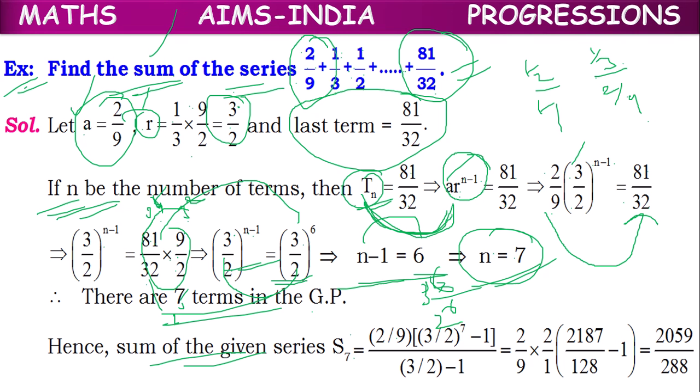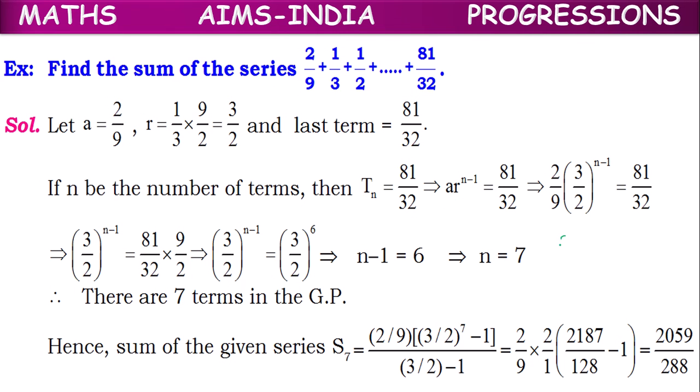here the r value 3 by 2 is greater than 1, for Sn we can make use of the formula a into r power n minus 1 by r minus 1. So in the place of a, 2 by 9, in the place of r, 3 by 2, in the place of n, 7, minus 1 by 3 by 2 minus 1. 3 by 2 minus 1 after simplification will be equal to 1 by 2.